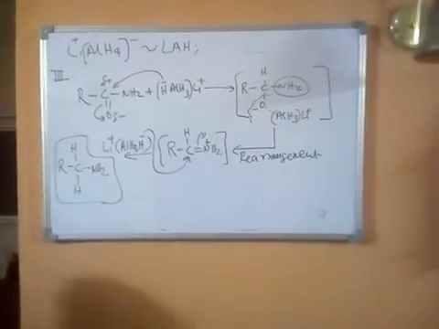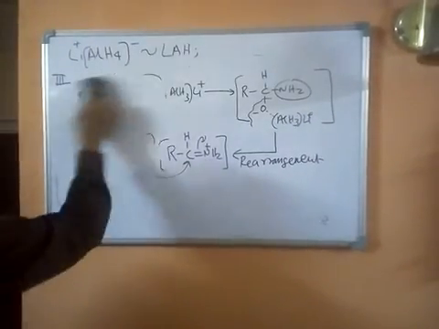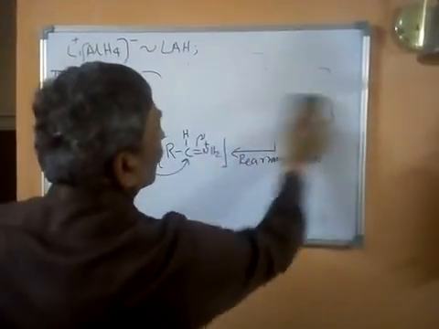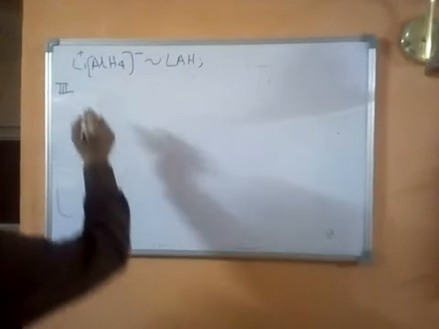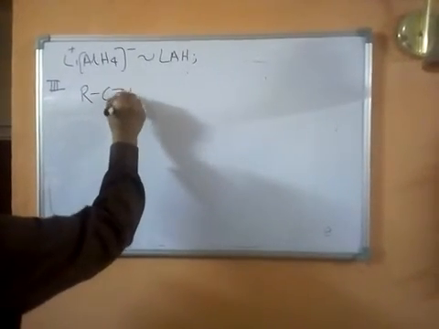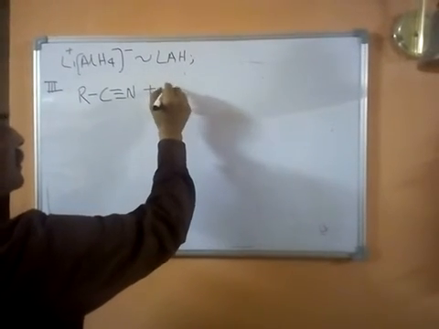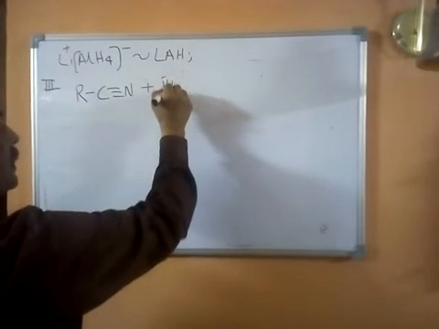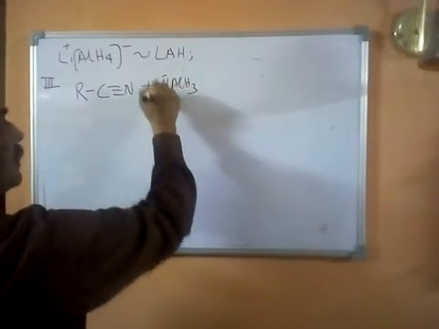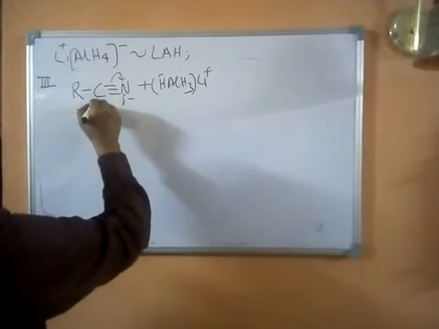Now let's take up the second example, that is the reduction of the nitrile, and let's briefly write the mechanism for that also. And here we have RC≡N, and as earlier, in the presence of lithium aluminum hydride, this polarizes as delta minus, delta plus.